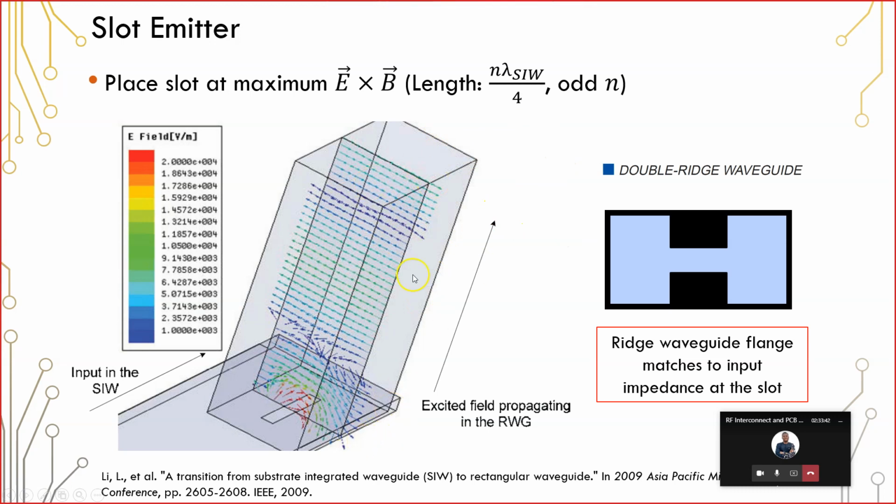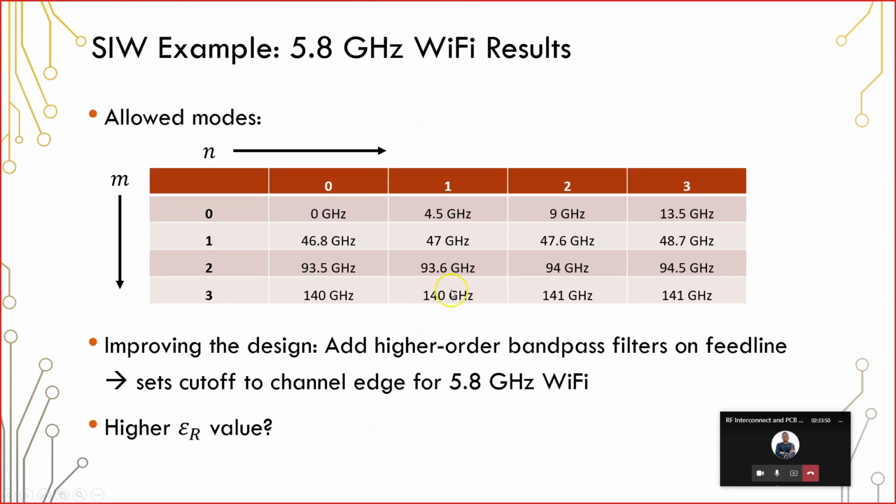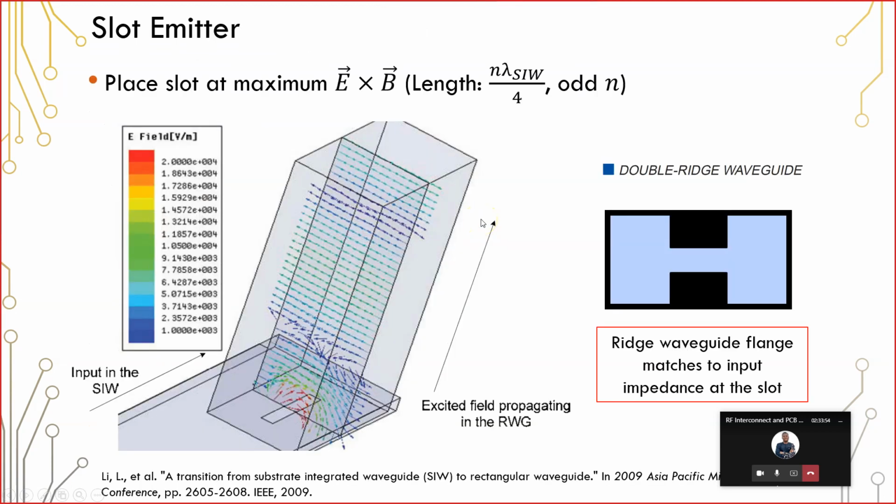But what they did is they found that if you place the slot just off center from the axis of the waveguide, when you're operating between the 1 and the 2 mode, what you can do is you can get very strong impedance matching and transmission of a harmonic wave into a waveguide from this slot.